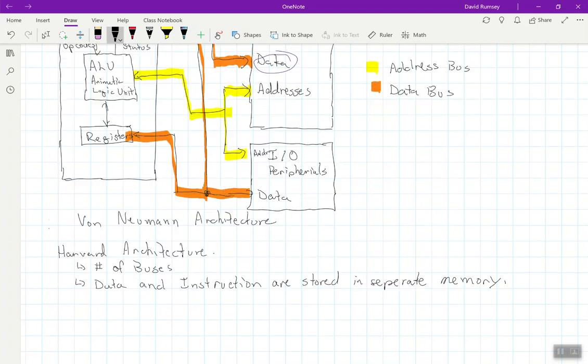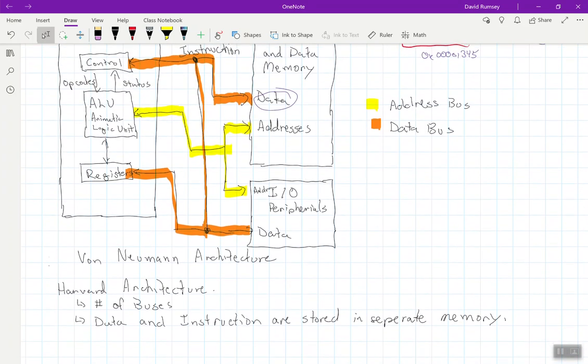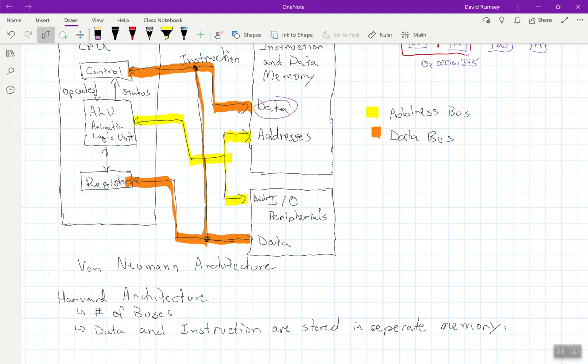Okay, so I'm going to have a question posted that relates to that for the assignment here. So that's the main differences, but you'll have to read on that.